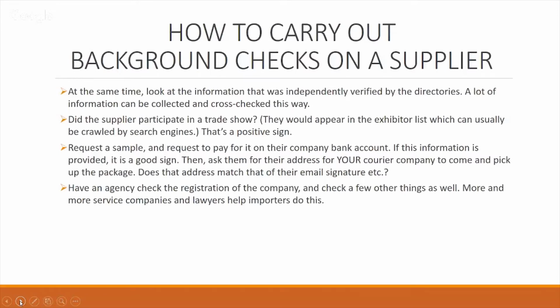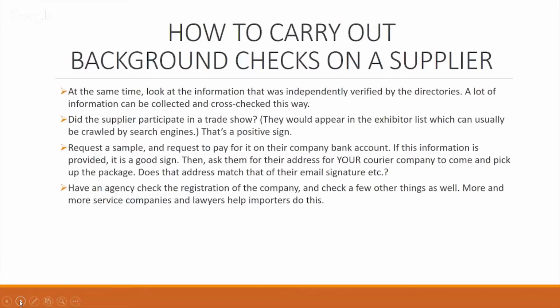Okay, request a sample. I think this is quite an important one. Request a sample and request to pay for it on their company bank account. If this information is provided, it's a good sign. Then ask them for the address of your courier company to come and pick up the package.